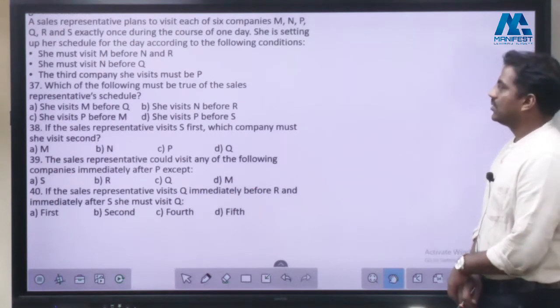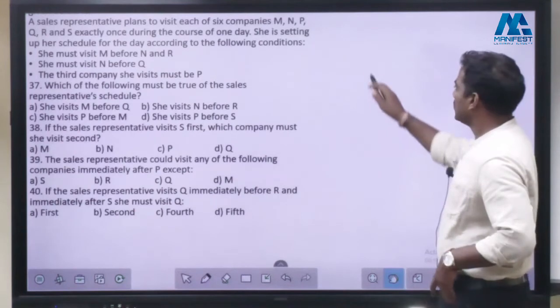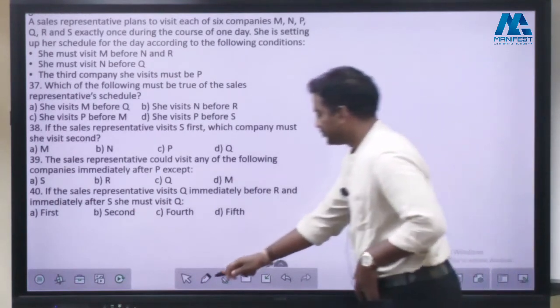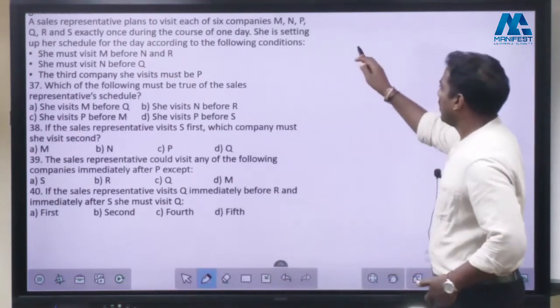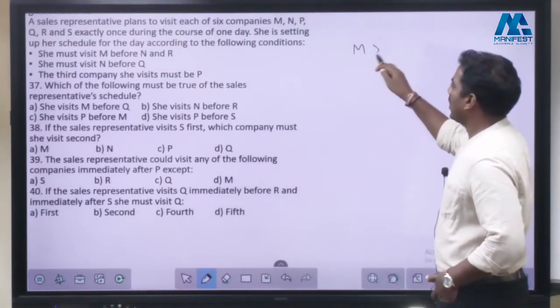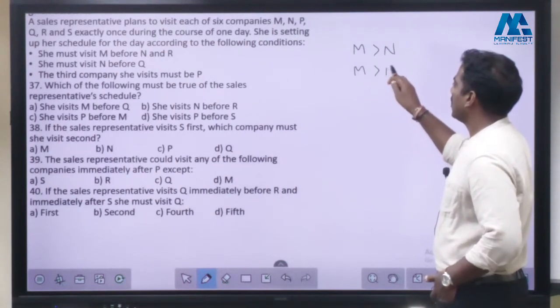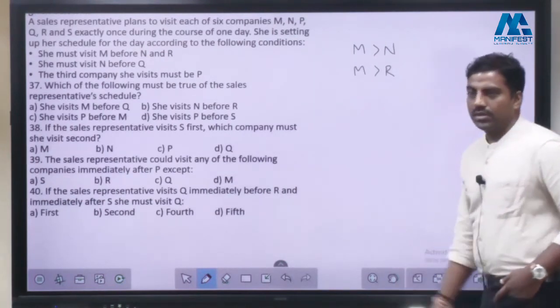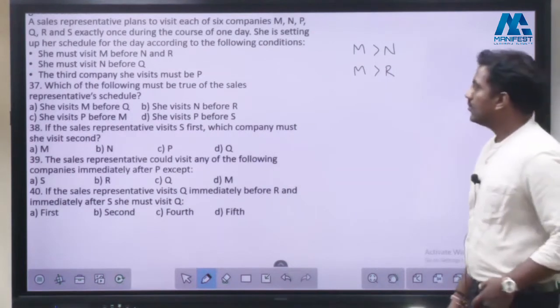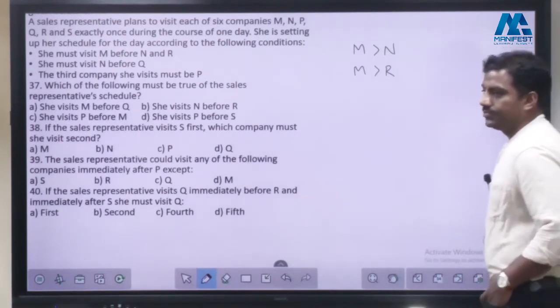She must visit M before N and R. So she has to visit M before N and also R. She must visit N before Q.